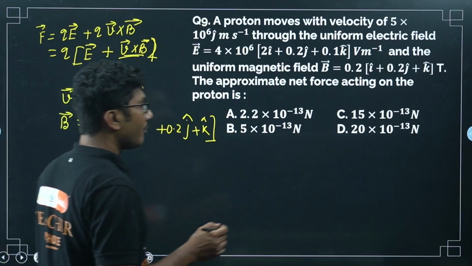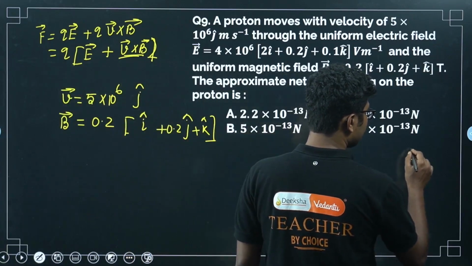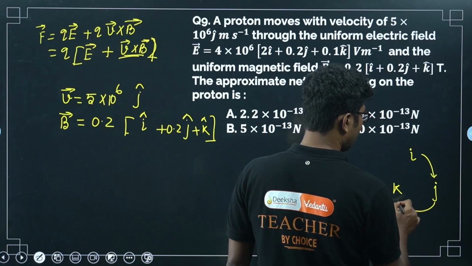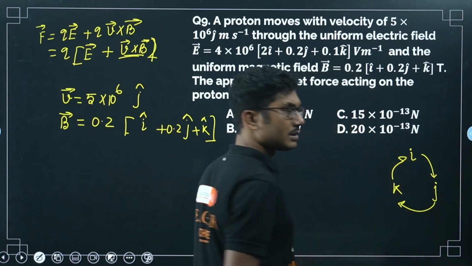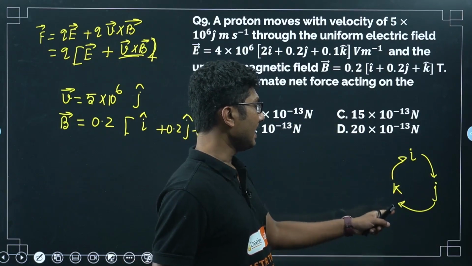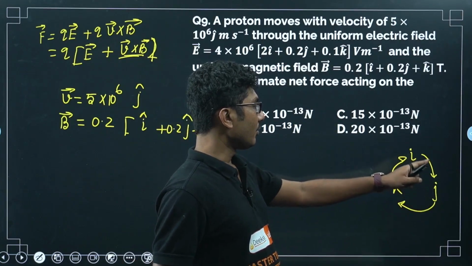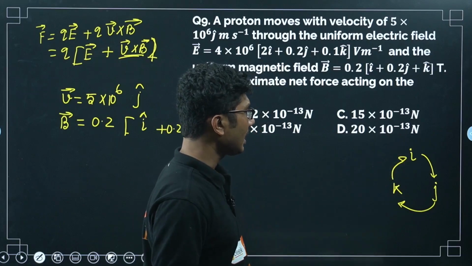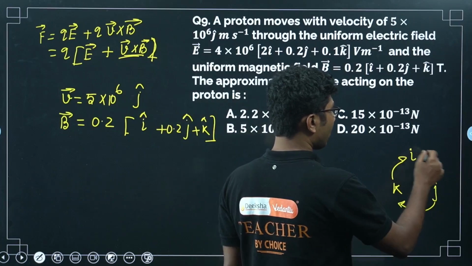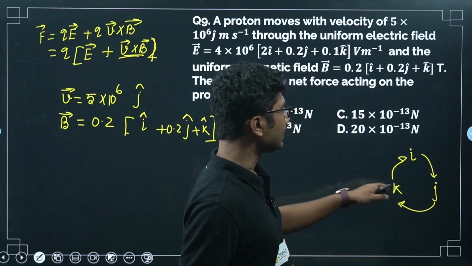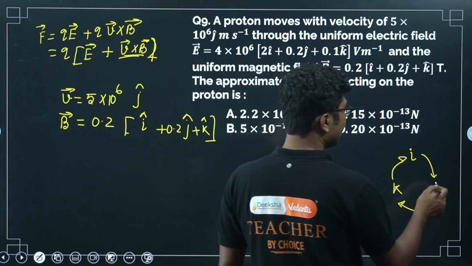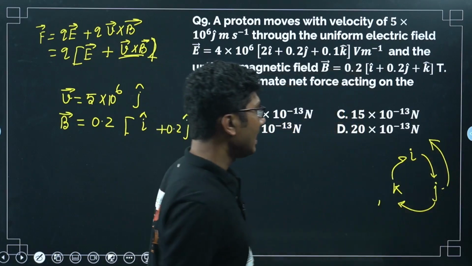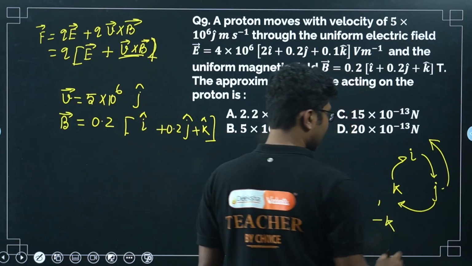Now we know that when we are cross multiplying three vectors I cap, j cap and k cap, and if we go in this order, I, j, k order, then everything is positive. That means I cross j is k, j cross k is I, k cross I is j, okay. But if you are multiplying j cross I, then you should get minus k, right?